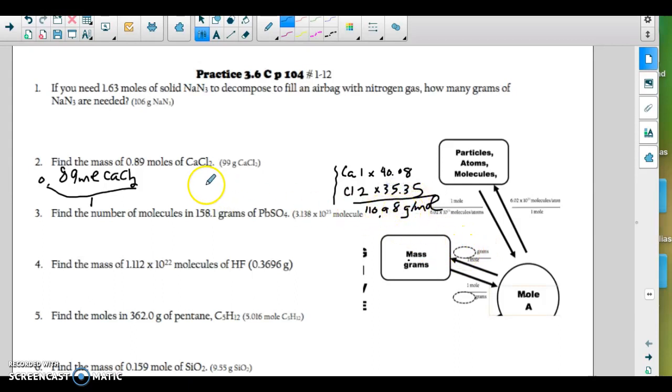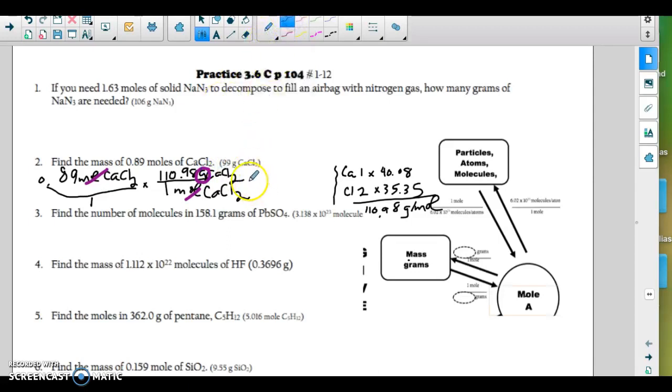So I'm going to put the 110.98 grams of calcium chloride in 1 mole of calcium chloride. And I'm trying to find grams so then I can see that my moles cancel and I end up with gram. So I'm pretty good.